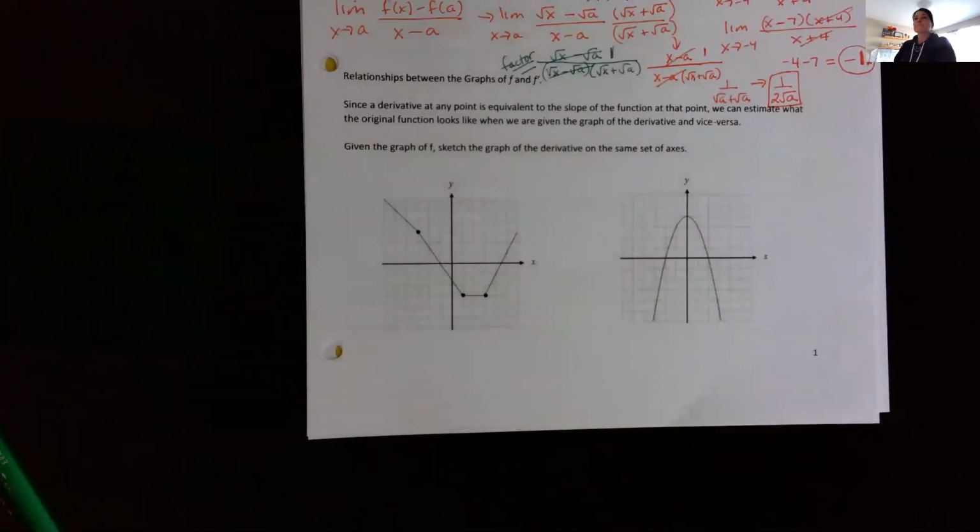A large part of 3.2 is being able to graph a derivative, and from a derivative, graph an original function. So what we're going to concentrate on right now is actually just taking an f graph, or an original function, if you will, a base function, and then graphing its derivative.